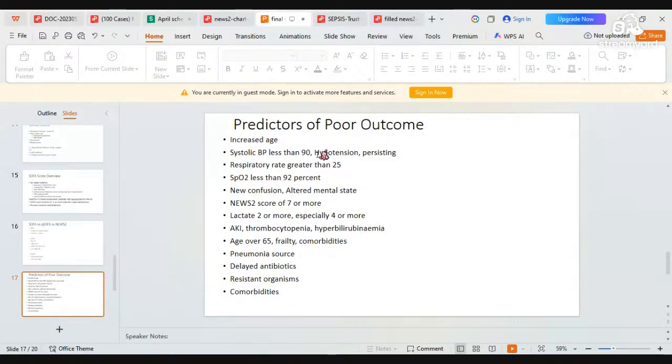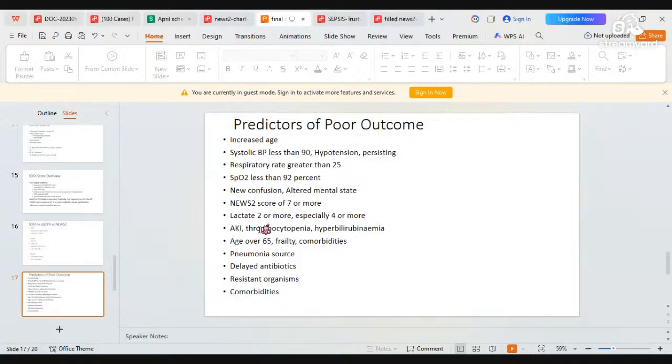We had a blood pressure of 80, and if this patient remains hypotensive even after you've tried to correct, it's actually a poor predictor as well. High respiratory rate. So if your NEWS score is 7 or more, as we saw in this case, it automatically stratified the patient in the high risk group.